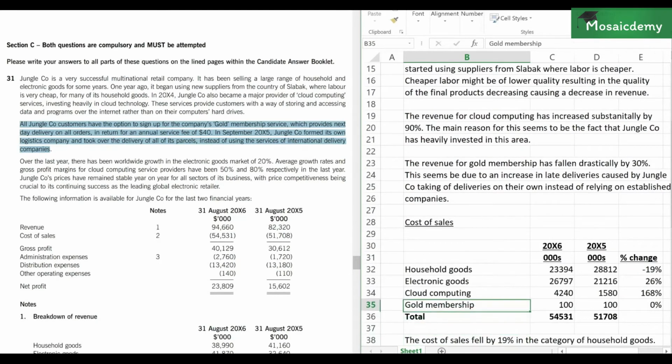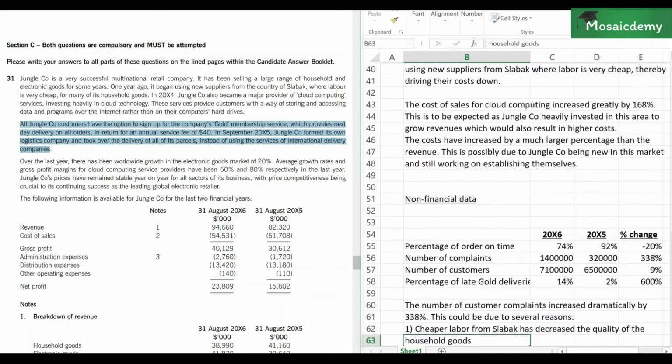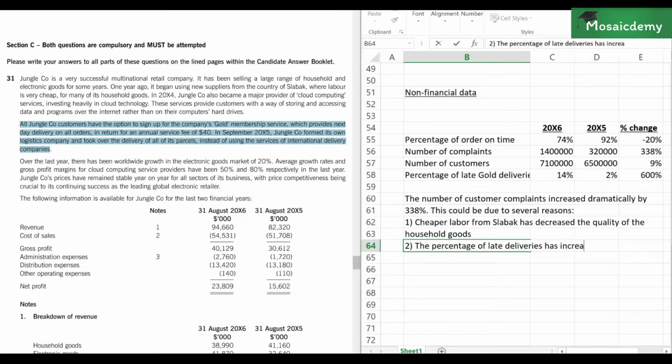Okay, so the revenue has fallen. Has the cost been impacted? No. So there's not really much we can talk about there, but we can talk about the percentage of late deliveries here and the percentage of orders on time, right? We can make points on these. So we can also talk about customer complaints. So we can mention here too the percentage of late deliveries has increased greatly, which would of course upset customers, right?